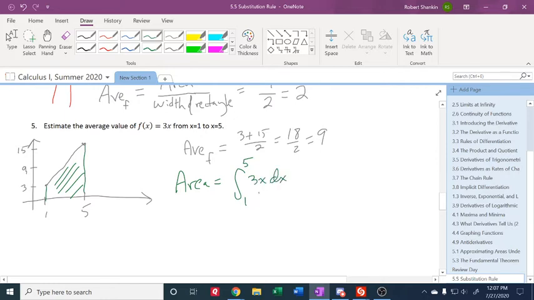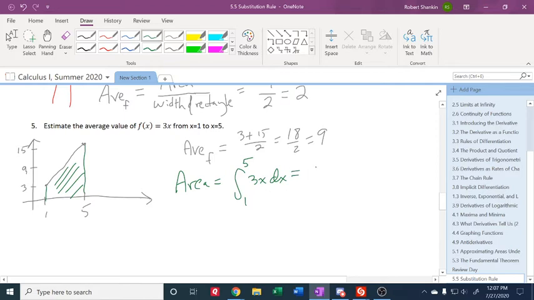Now actually I don't even need to do this with calculus, but I really want to illustrate the calculus. That's the whole point of this. The area could also have been done by using the average height, 9, times its width, which is 4. 9 times 4 is 36. Now, I should be getting 36 here.